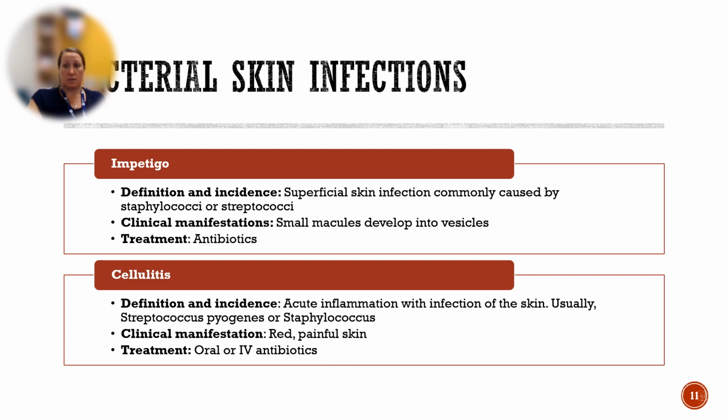It appears as small macules, which are flat spots that rapidly develop into vesicles or small blisters, and then can develop into pus-filled blisters. When the vesicles break, a thick yellow crust forms.